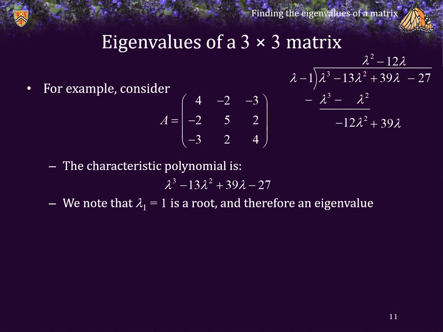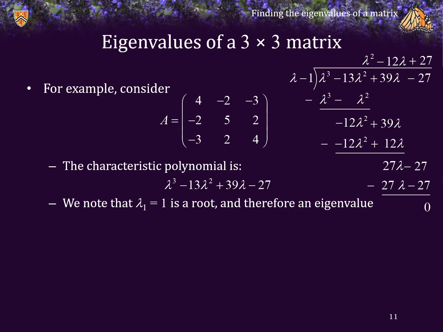So negative 12 times lambda minus 1 is that expression there. We subtract that, and that leaves us with 27 lambda. We bring down the 27. So now to eliminate that, we must subtract off 27 times lambda minus 1, and of course when we subtract that off, we get 0.